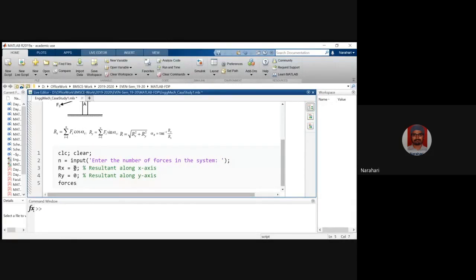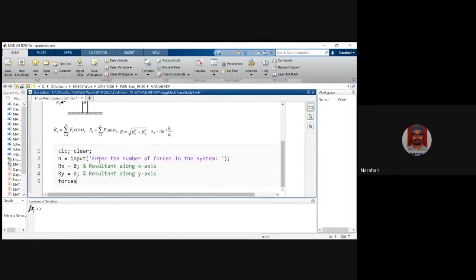I will take the number of forces, in this case 3, from the user, and for however many forces there are, for this n, I'll go in a loop and iteratively keep asking the user: enter force number 1, enter force number 2, enter force number 3. Then for each force I'll have to take alpha. So I'll say enter alpha for force 1, enter alpha for force 2. Like that, I'll keep taking input from the user, and then I will try to do the calculation.